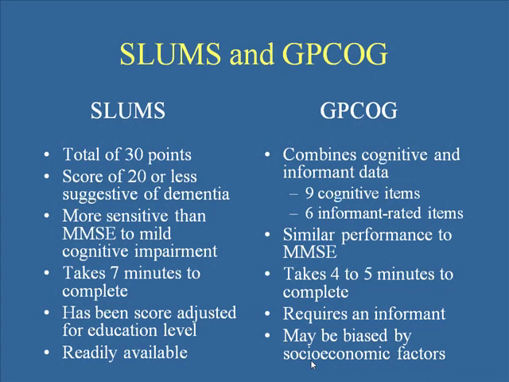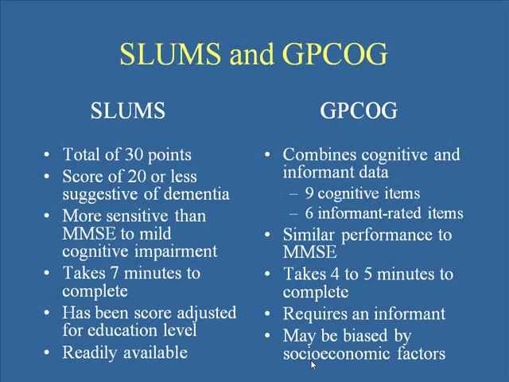There are a couple of other tools that are similar to the Mini-Mental State Exam that one could consider as alternatives. I believe part of your handout includes access to the St. Louis University Mental Status Exam, or the SLUMS test, and the General Practitioner Cognitive Screen, which is the GP-COG.